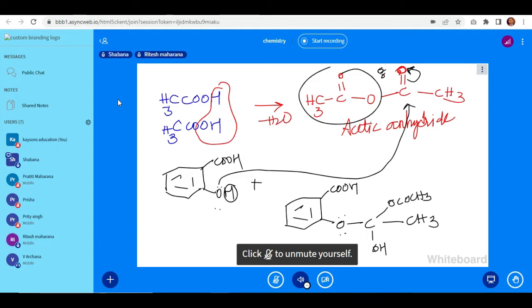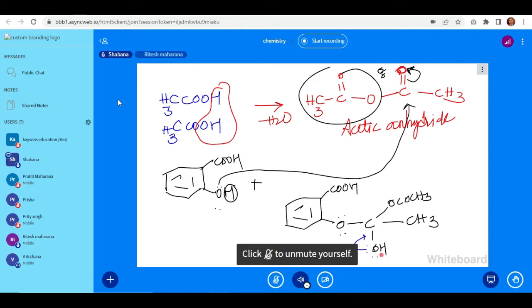What can happen now? Any idea? Any clue? See, whenever hydrogen is abstracted, definitely that hydrogen is going to leave.